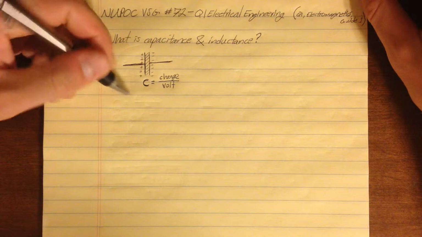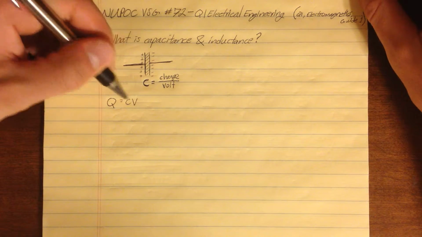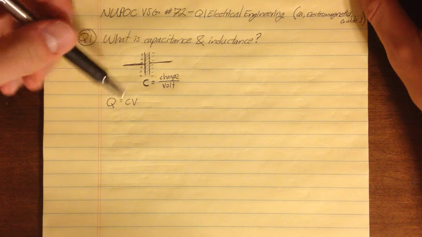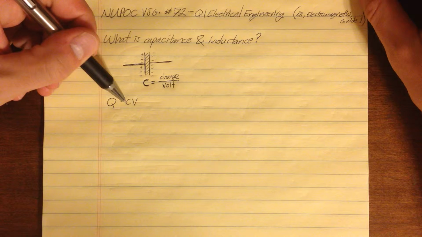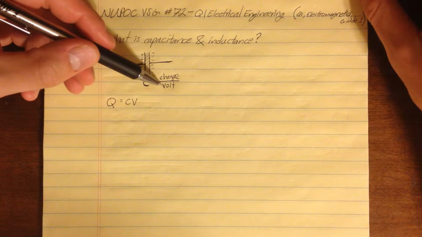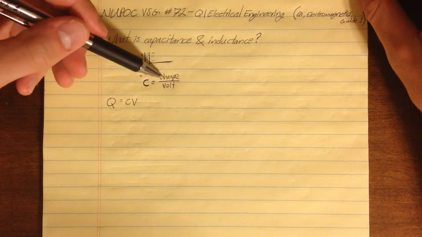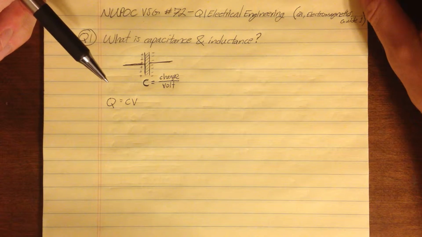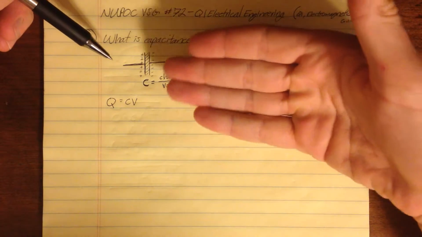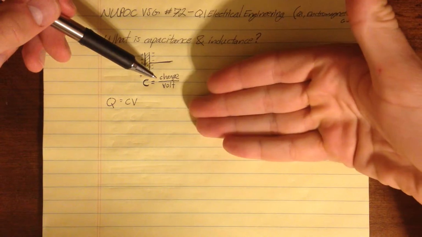Sometimes in a textbook you'll see Q equals CV as a fundamental equation for a capacitor. This just says charge equals capacitance times voltage. It's the same thing if we bring the voltage to this side of the equation. So capacitance is the ability of an electrical structure to store a certain amount of charge per volt.